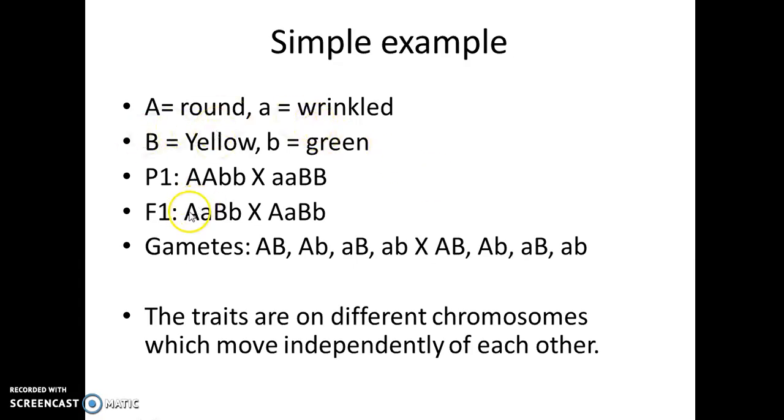Well, this parent here can give a big A and big B. That's one possibility. Or a big A and a little b, okay. Or this parent can give a little a and a big B, or a little a and a little b. So those are the gametes, the sperm or the egg. And each parent, since they have the same genotype, same collection of genes, they will give the same identical gametes.